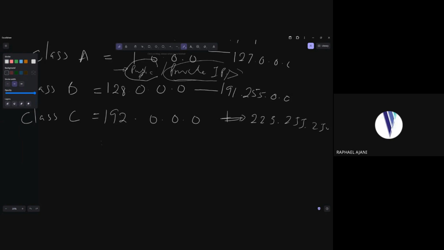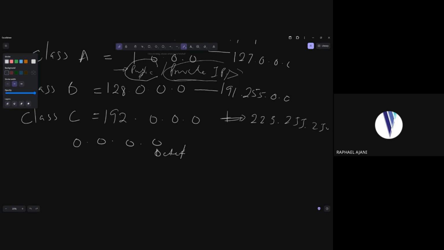Okay, very good. That's a very good question. Let's break it down. Each of these segments is called an octet. An octet means this is actually in binary. Remember that in binary it's 8 digits.